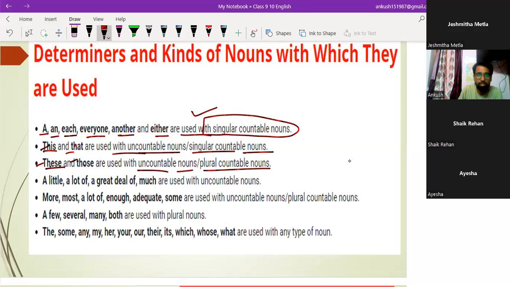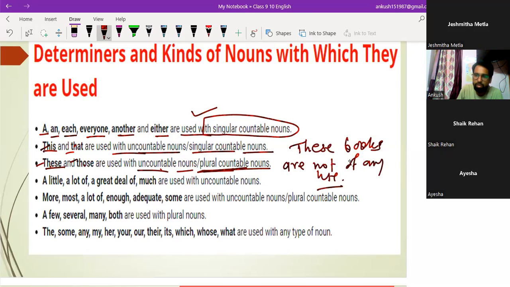For example, these books are not of any use. I told you the example in the negation, but this determiner is telling you about the countable but plural noun. Understood?